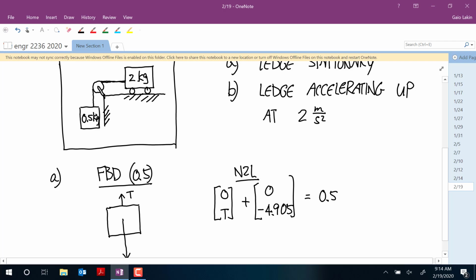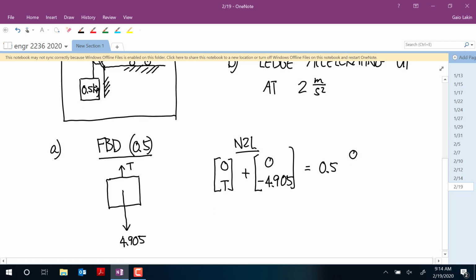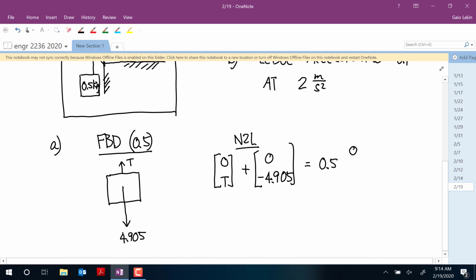So I'm going to write this as, we're doing the, well, it's not 0.5 yet. That's the mass. And now I'm going to multiply it by the acceleration. So I'm using F equals ma. Okay, so I'm going to write this as the mass times this acceleration, and I'll call this a sub 0.5.